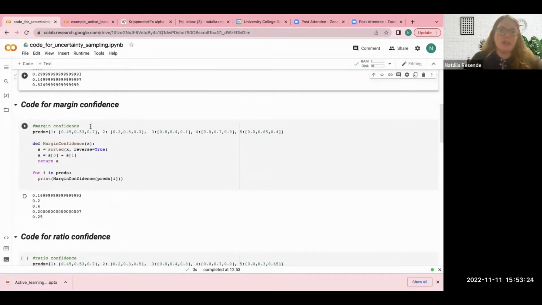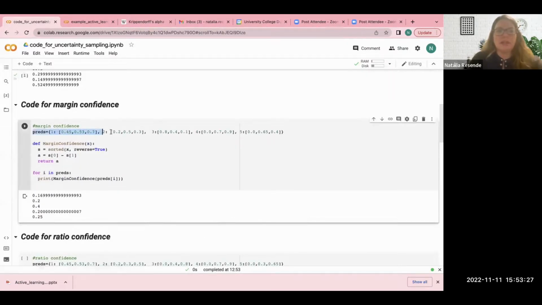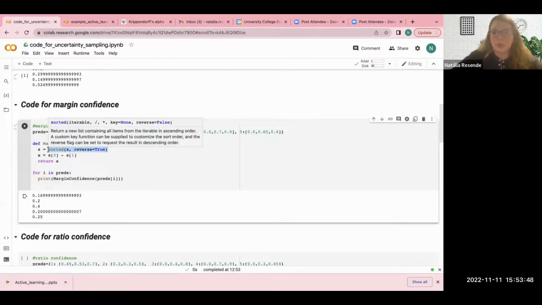For margin of confidence, same here, we have predictions associated with 5 different examples. And then what we do is we subtract one from another. First we need to sort the probabilities, because we need the highest probability first, and the second highest probability in the second place.